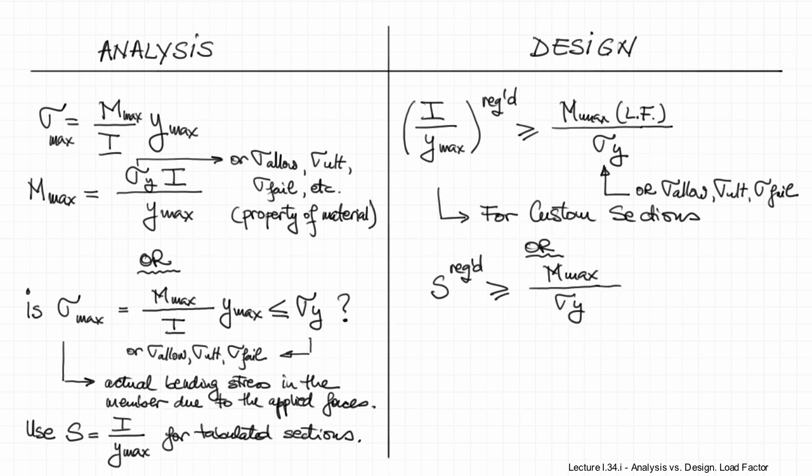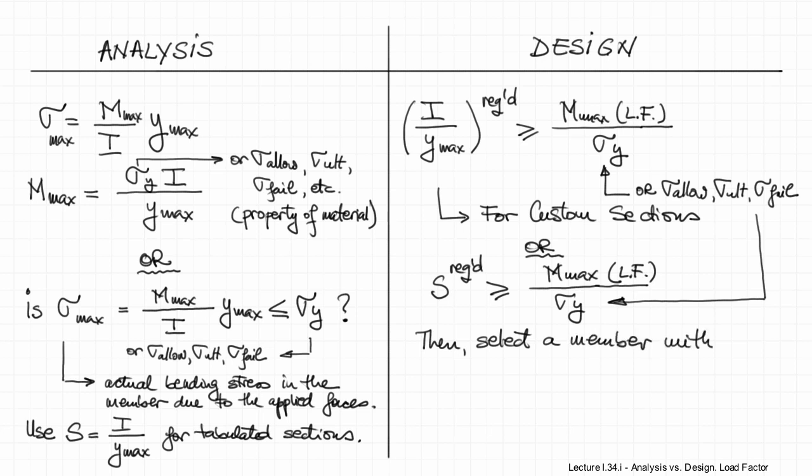For rolled sections, one can instead calculate the required section modulus by calculating the same ratio between the factored moment and the yield stress, or the allowable, ultimate, or failure stress.